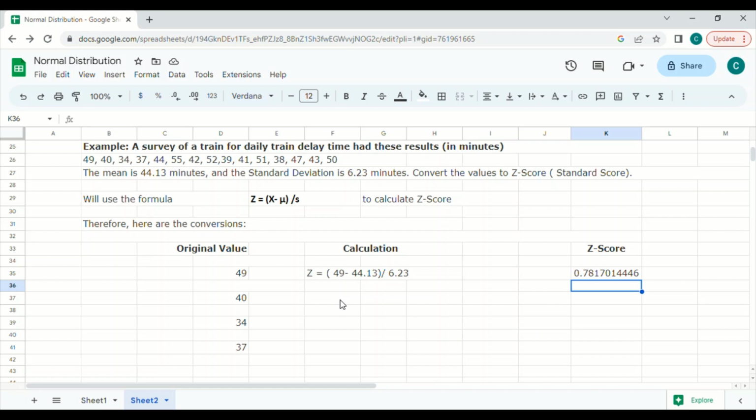Similarly, we can calculate the z-score for another x value, which is 40. Therefore z-score equals x, which is 40, minus mean, which is 44.13, bracket close, divided by standard deviation, which is 6.23.